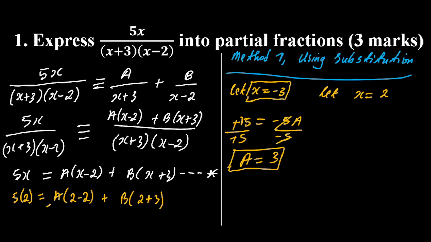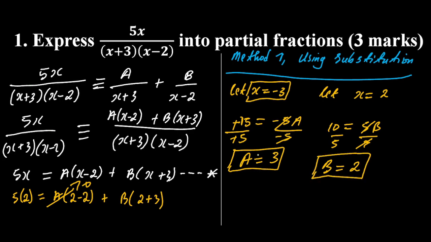Clearly you see that on substitution, this is going to give us 0. So we're left with 10 equal to 5B. Dividing all through by 5, the 5 is going to cancel. Our B is going to be 2.